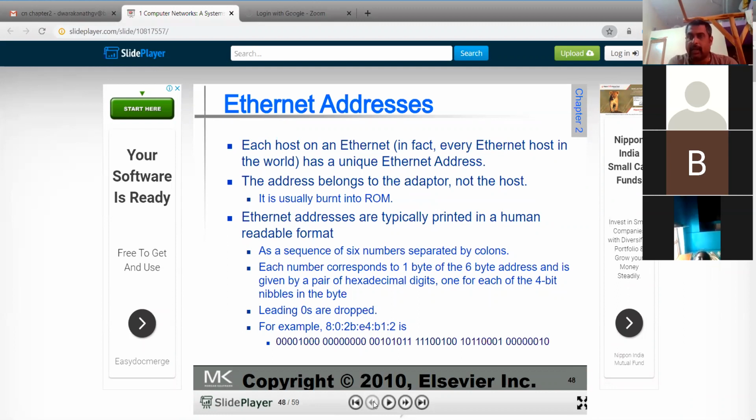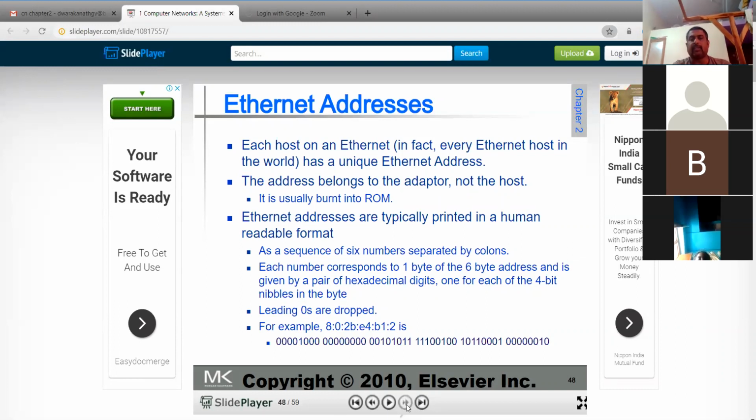But in the MAC layer, that is the data link layer, there will be a MAC address, which is a permanent physical address on each adapter. That will be of 6 bytes, separated by colons, and each byte represents two hexadecimal numbers.